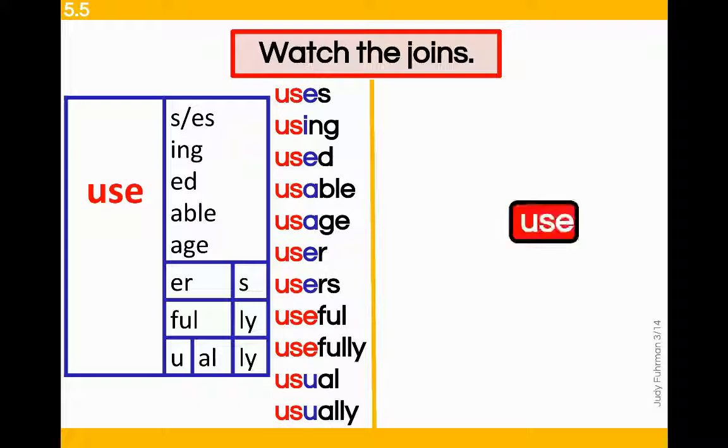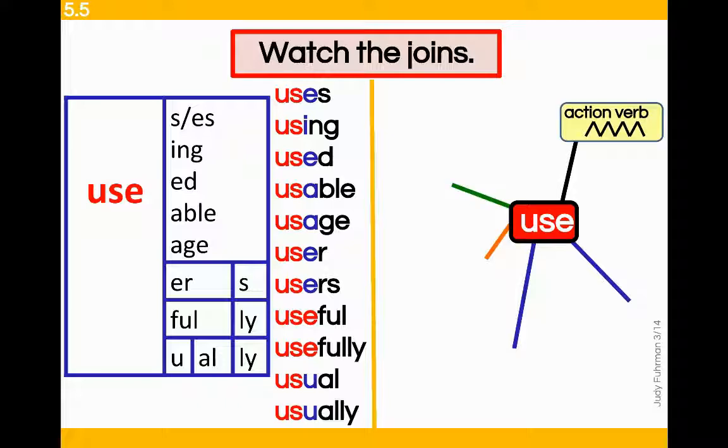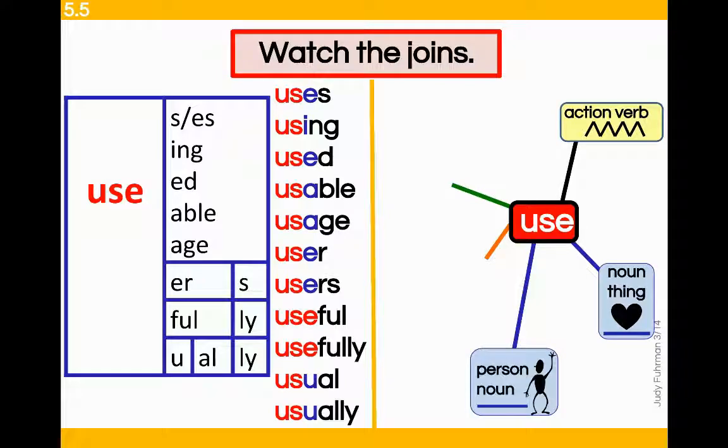Now, in your notes, I want you to create a word web using the base word use. You should have 5 sections, 1 being action verb, 1 being noun to describe a thing, 1 being noun to describe a person.